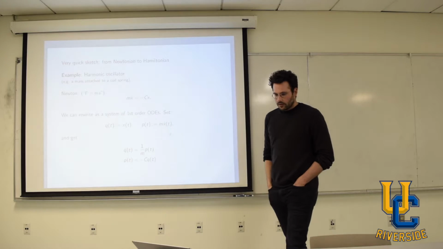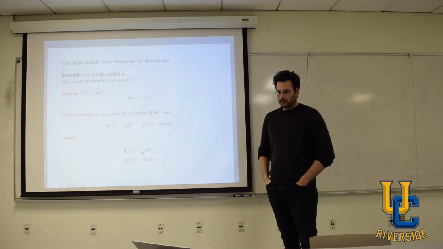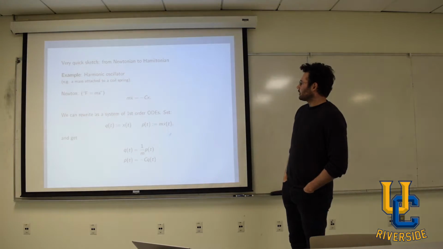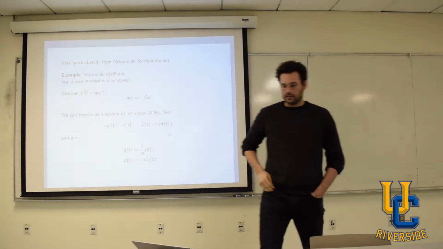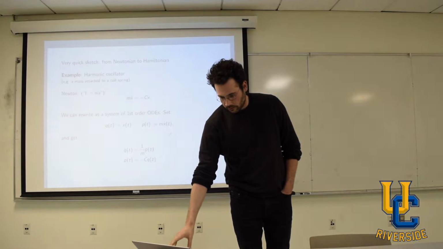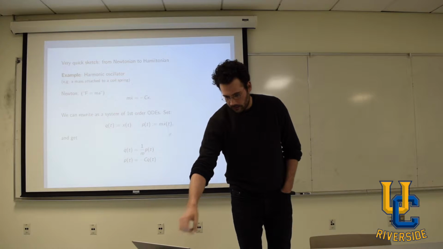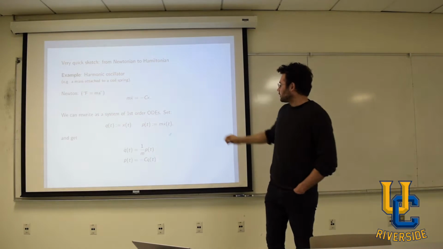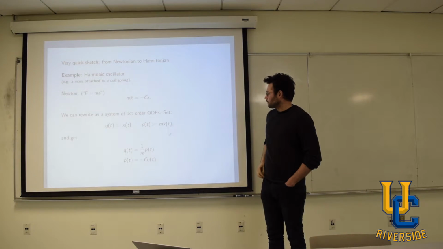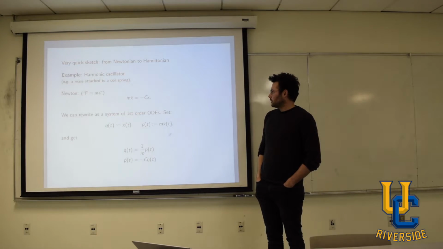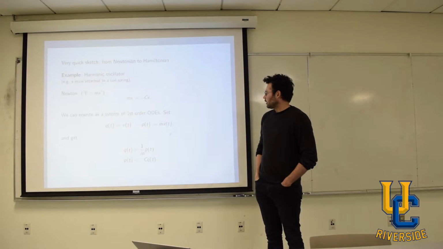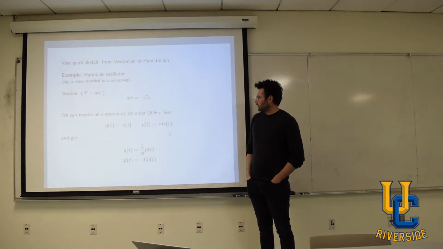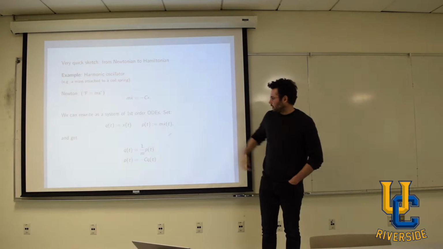If we rewrite this second order differential equation as a pair of first order differential equations, by a simple trick, making this definition of new coordinates q and p: we just rename the position q of t, and we call the momentum, mass times velocity, our new coordinate p of t. And then the equations look like that.